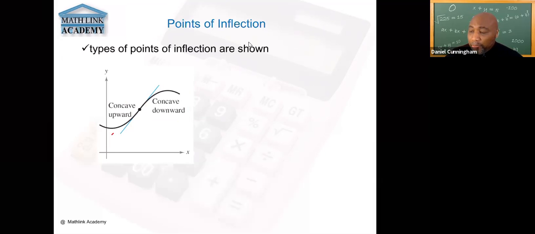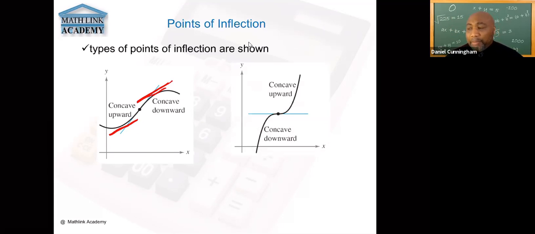The slope, and that's just taking one point, no matter where it is, the slope in this case is a positive slope on both sides. I'm taking a tangent line on those curves on both sides. And notice those red lines, those are tangent lines, supposed to be one line on both sides. They both go in a positive direction. They're going upward. And so the slope stayed the same, but the concavity changed.